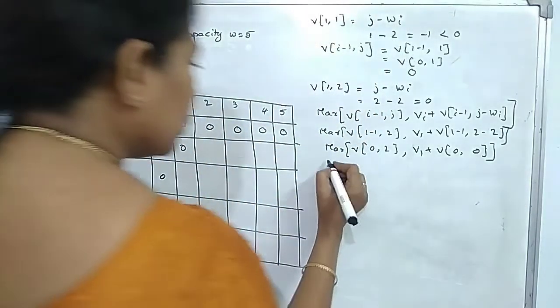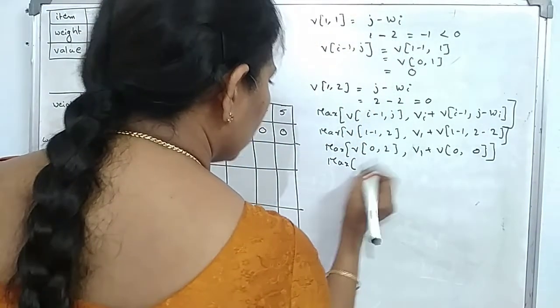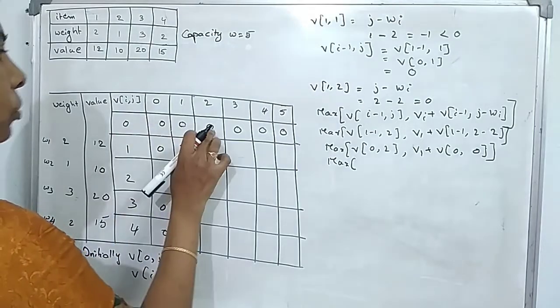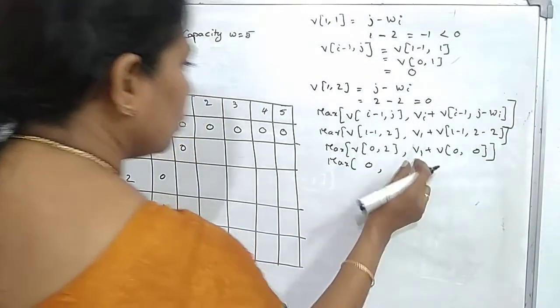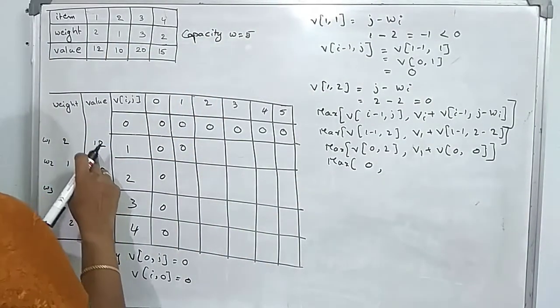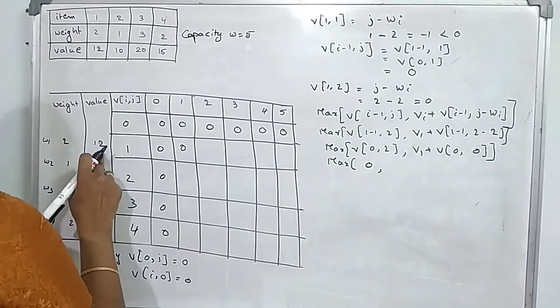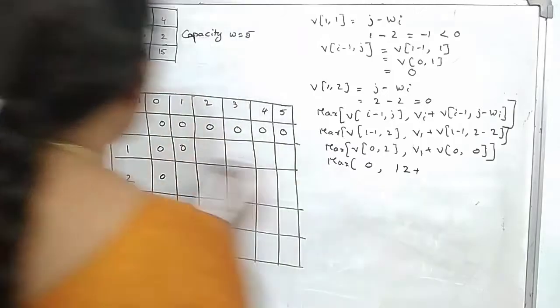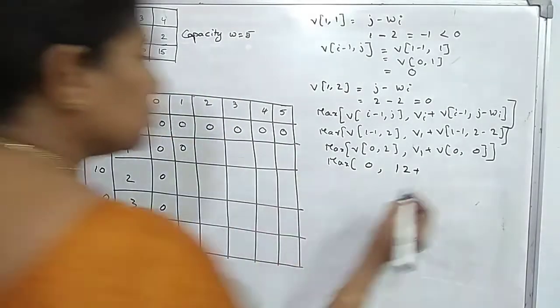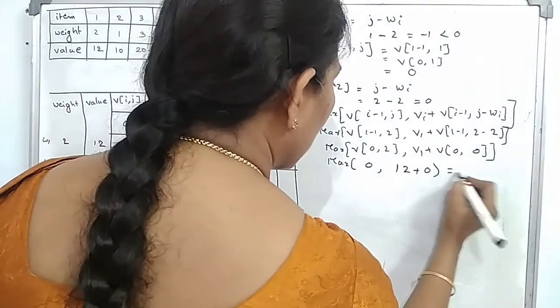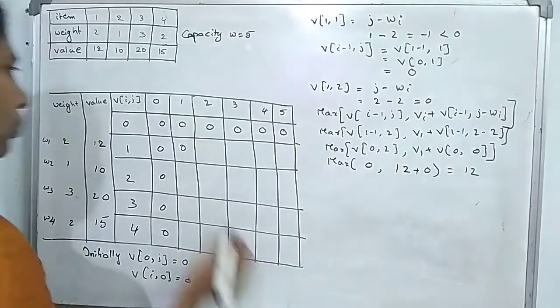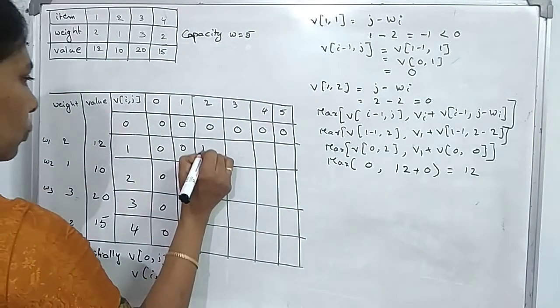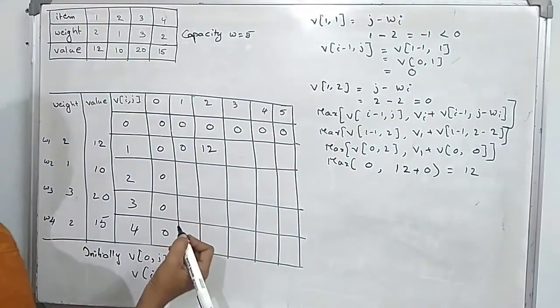So in that, if I take the maximum, V of 0 comma 2 value is 0, comma V of 1 value is 12, plus V of 0 comma 0. 0 0 means 0. So in that the maximum value is 12. So now we can fill in V of 1 2 as 12.